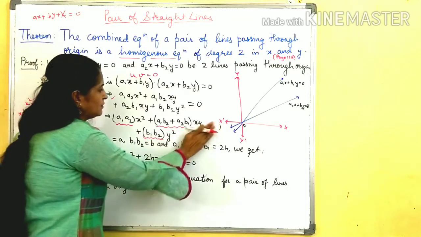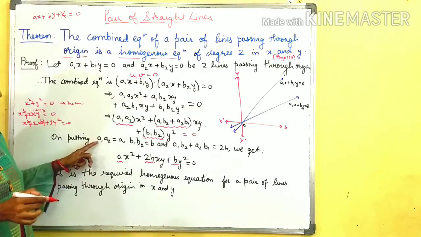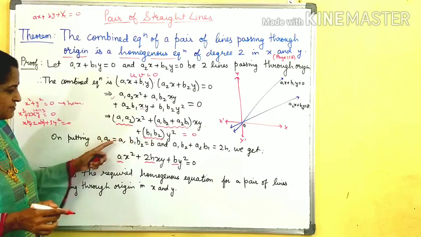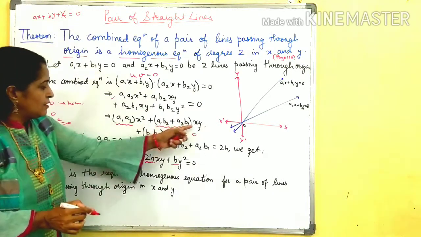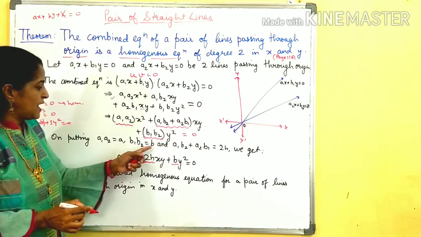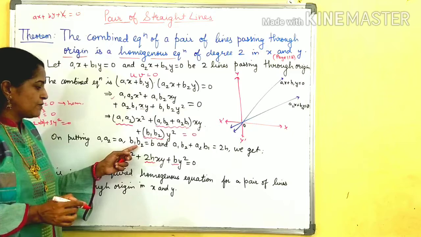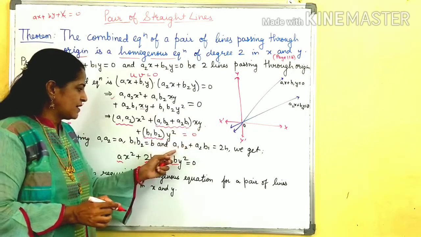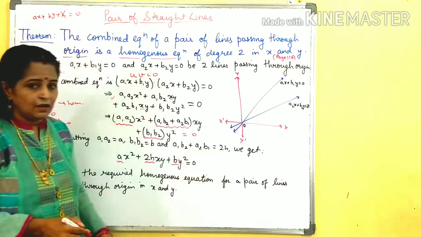So here put a1 a2 as a, the coefficient of x square. Then b1 b2, the coefficient of y square, we can put as b, and the coefficient of xy, a1 b2 plus a2 b1, is equal to 2h.